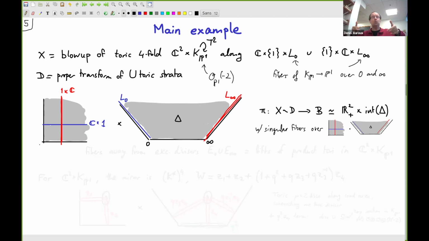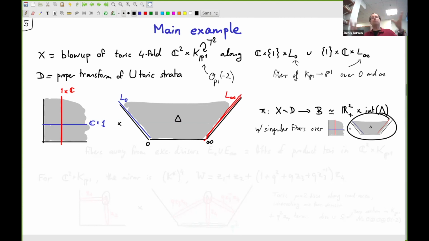Every fiber lives at a particular moment map value on the trapezoid side. On the C squared side, I'm cheating. I'm actually going to use product tori by fixing the radius of the norms of the coordinates, Z1 and Z2. I think I'm going to call them X1 and X2.